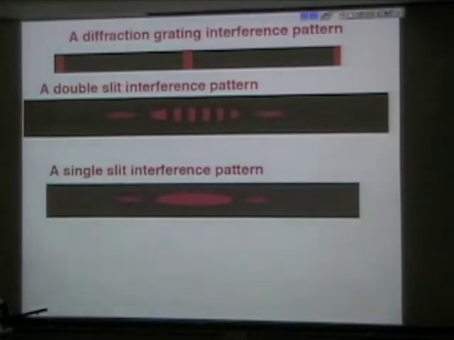Another situation is a diffraction grating. A diffraction grating looks like this. If you look at this, you don't see anything.